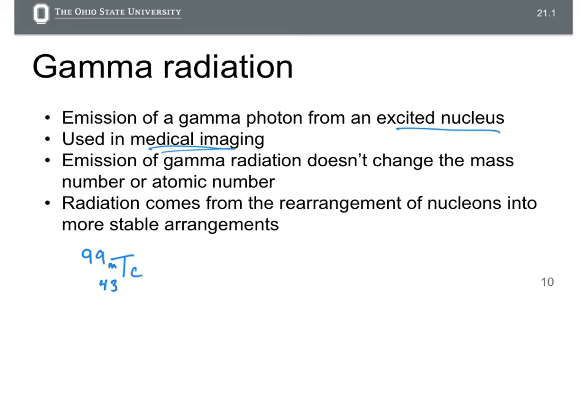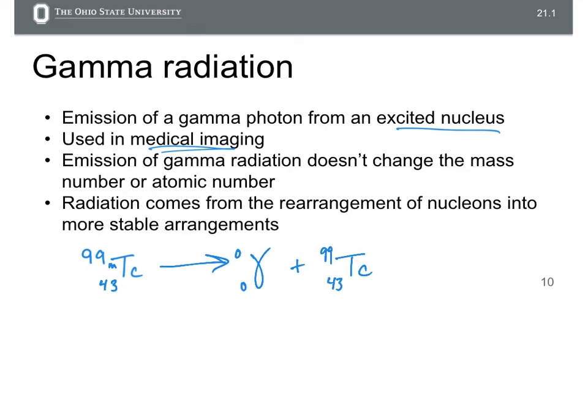This has the atomic number 43. And what happens is metastable technetium decays by gamma emission. So it gives off a gamma particle and forms a more stable technetium. So it's just rearranging those protons and neutrons in the nucleus.